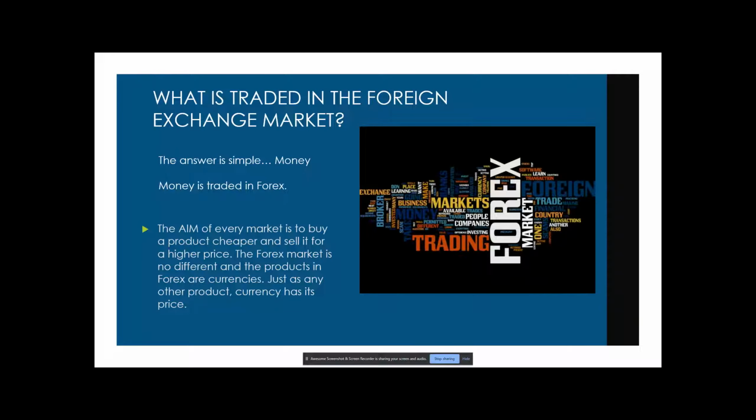Now I'm going to give you three examples of something being purchased at a lower price and sold for a higher price. Let's say you go to your farmer's market and they have four apples on sale for $1. You purchase those four apples for $1, and then you go and sell them for $1 a piece, right?